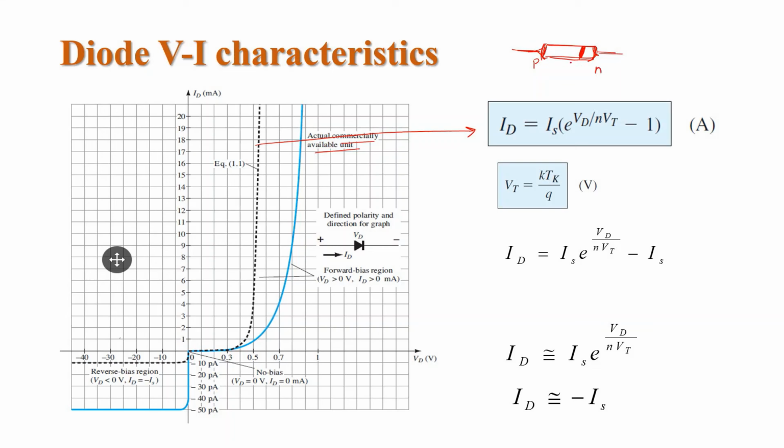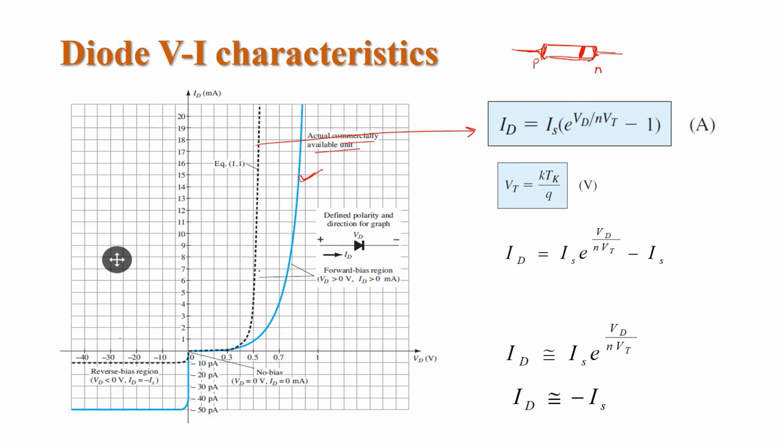Because of these voltage drops, a higher amount of VD is required to turn on the diode. To allow the same amount of ID requires a higher amount of VD. So that's why the curve looks somewhat shifted to the right for the actual commercially available diode.